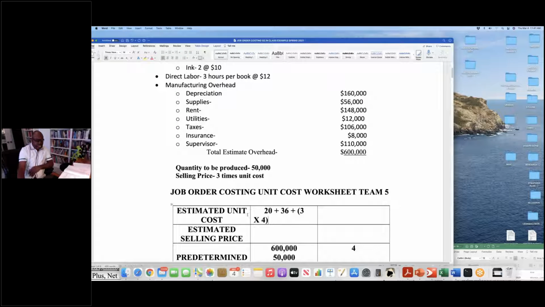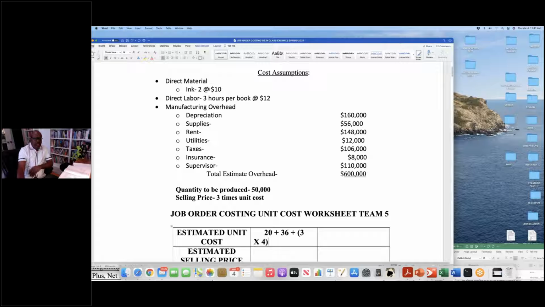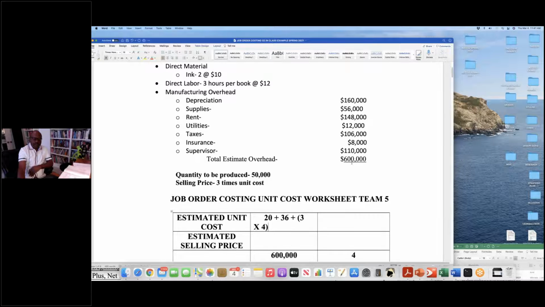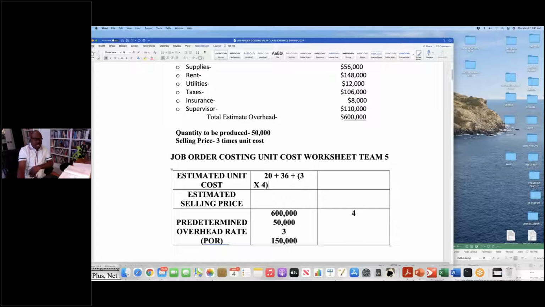So does everybody see what we did? We're trying to get the estimated unit cost. We brought down the raw materials first, 20. We brought down the labor next, 36. We finally need the overhead, the 600,000. We need it on a unit basis. And we said we could go down here where we did the predetermined overhead rate, use the predetermined overhead rate 4, and use the hours that it was taking us to make the items, 3.